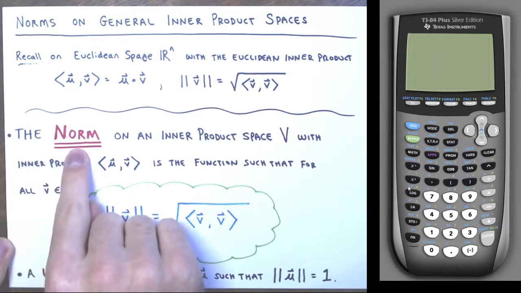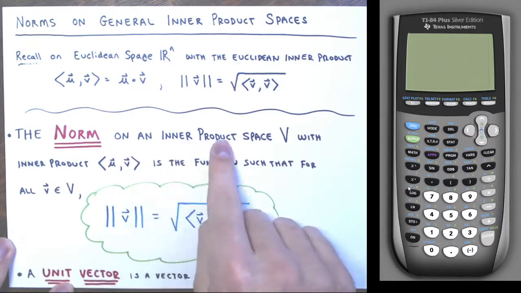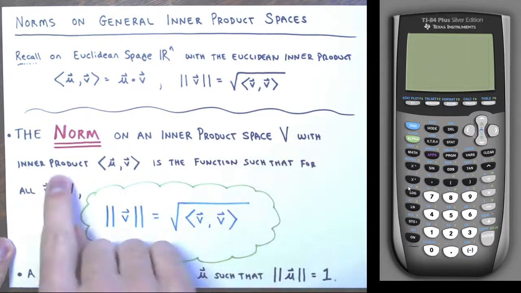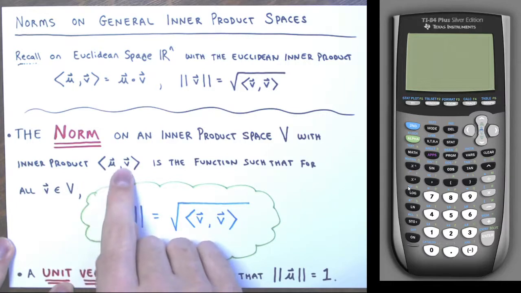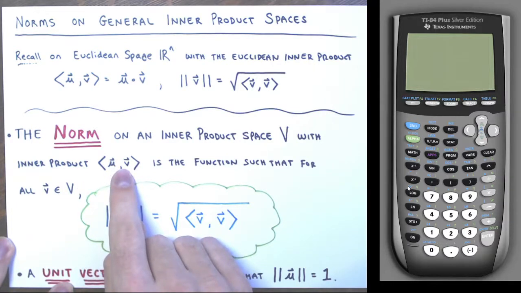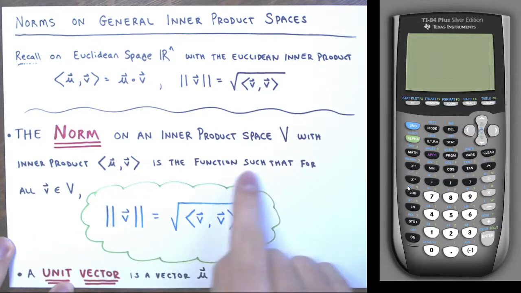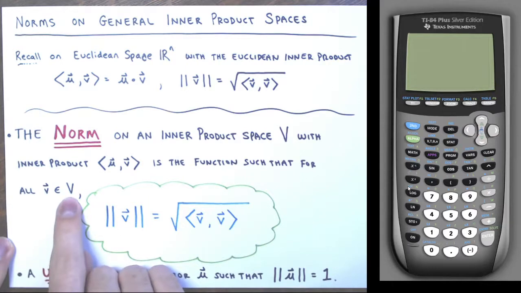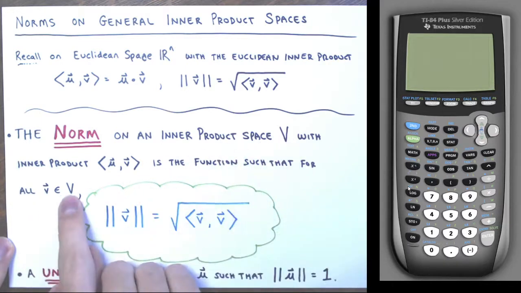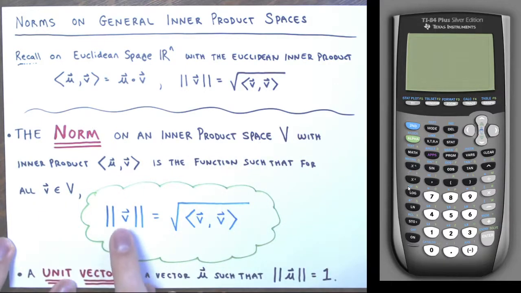So the norm on any inner product space V with inner product, the angle bracket form here, of u and v, not necessarily the dot product, it could be something else now, is the function such that for all vectors v in this inner product space, the norm of v is the square root of the inner product of v with itself.